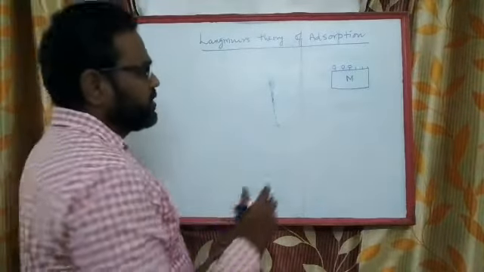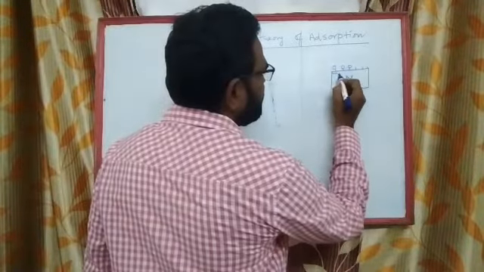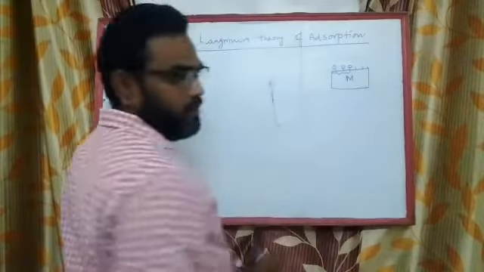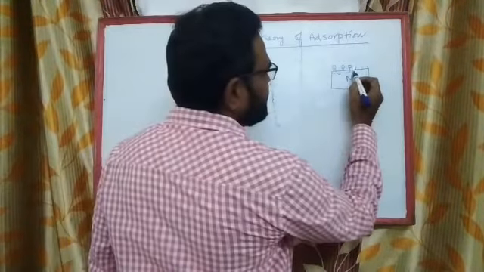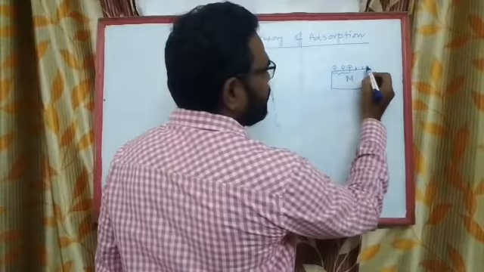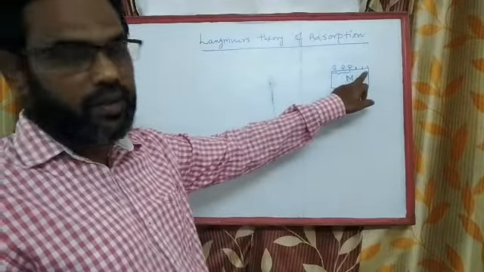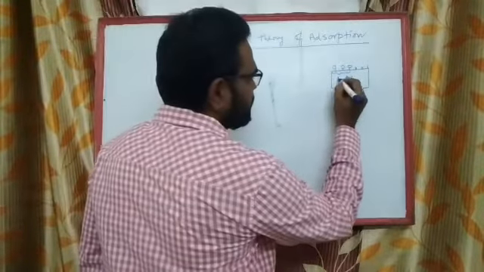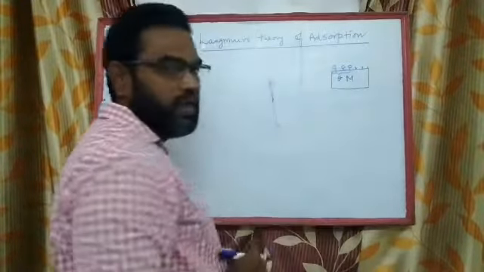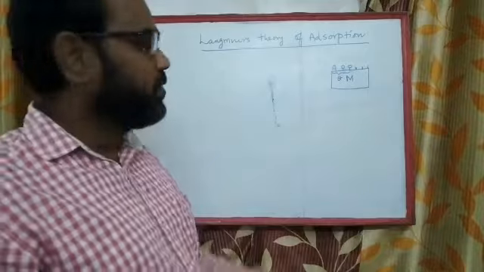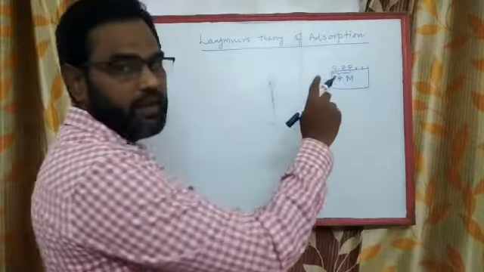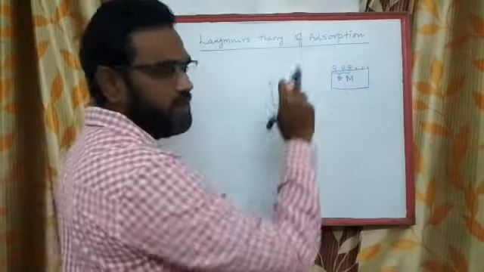So the surface area adsorbed is this one, and this is the surface area which is unoccupied. The surface area adsorbed is noted as theta. So at the end of the derivation, we are going to find this theta only.